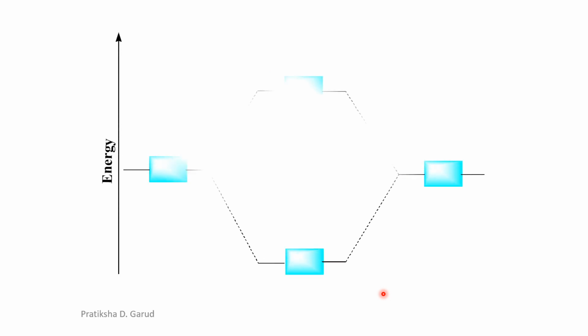So this is the outline of the MO energy level diagram. To the sides we have the atomic orbitals, at the center we have the molecular orbitals. On one side we have the atomic orbital of the first atom, on the other side the atomic orbital of the second atom, and at the center the molecular orbitals.